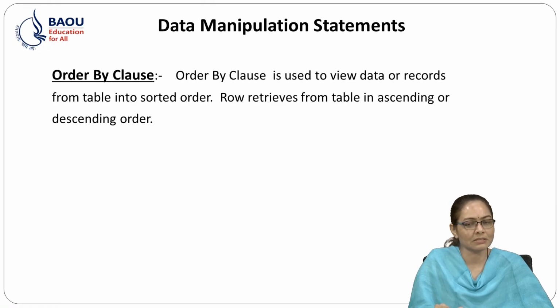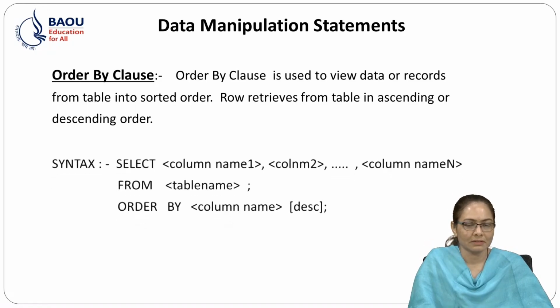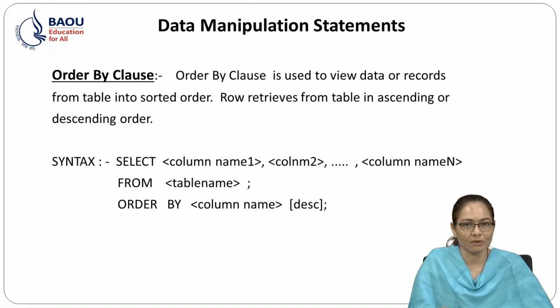For example, in the student table, there are 1 to 100 records. If we display them in ascending order, 1, 2, 3, 4, 5, 6, 7, then the order by clause is used. If we display the records like 10, 9, 8, 7, then the descending clause is used with the order by clause.